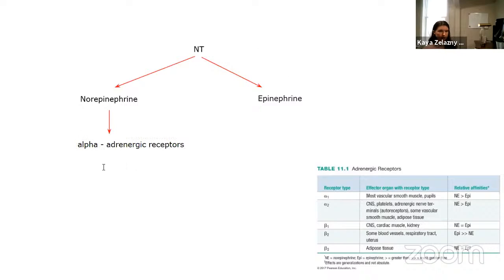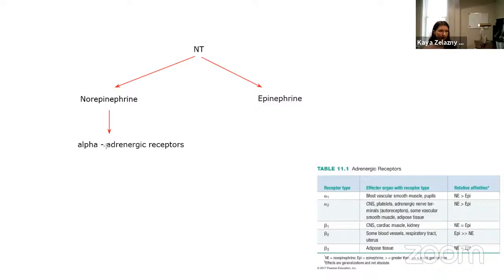Norepinephrine is the simpler one, so I'm going to do this side of the flow chart first. Norepinephrine binds only pretty much to those alpha adrenergic receptors. You can see that we have an extreme preference in those beta 2 receptors for epinephrine, so we're not going to think of norepinephrine as binding to them at all.